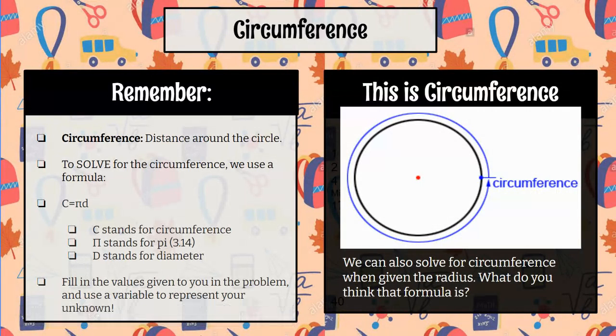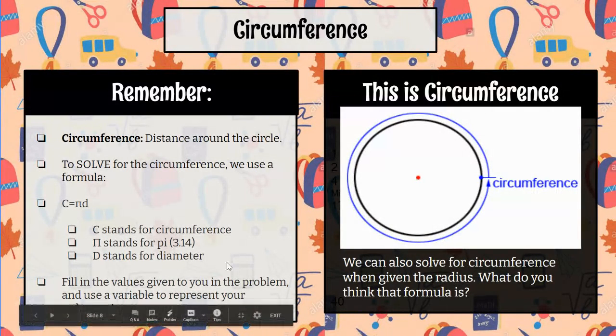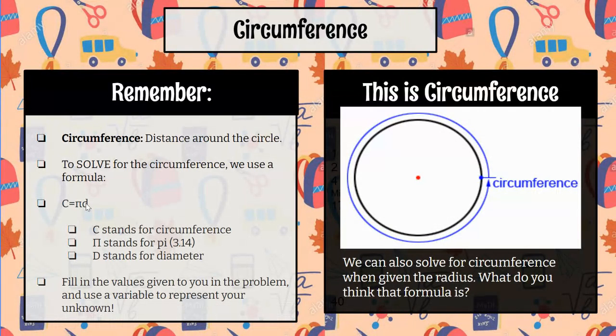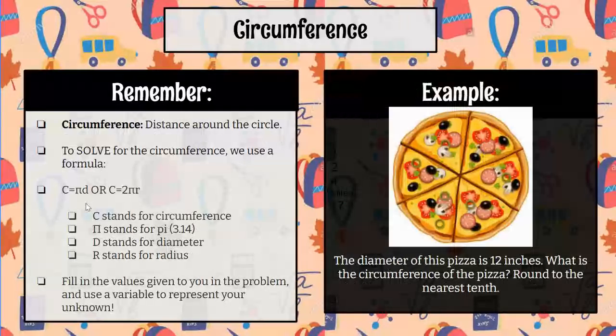I just told you guys, you're going to actually have two potential formulas to use for circumference. When we learned about diameters and radiuses, we know that they have a relationship, okay? So actually, if we have a diameter, we can actually represent circumference with radiuses as well. So our formula for using the radius for circumference is 2 times pi times r.